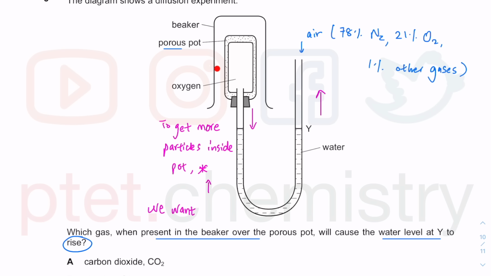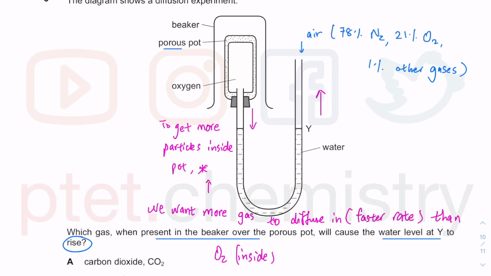We want more gas to diffuse in at a faster rate than the oxygen inside can diffuse out. If we want a faster rate of diffusion, so that it diffuses in faster and therefore adds to the amount of particles inside, then you can exert more pressure downward and this will go upward.